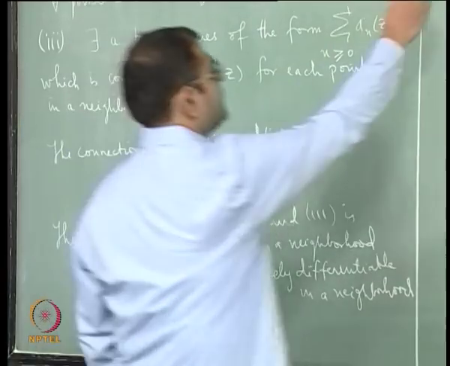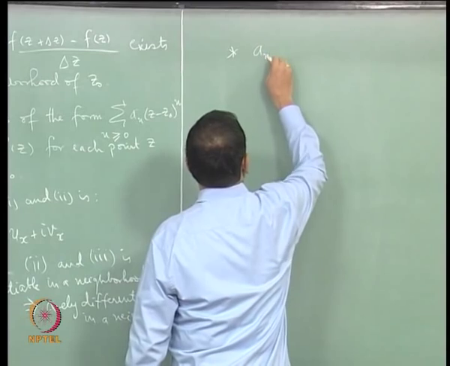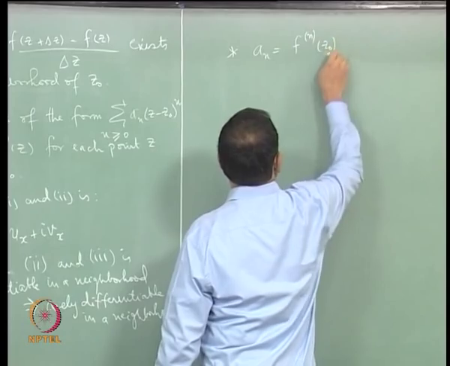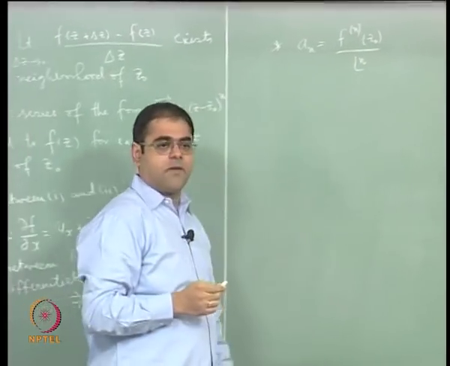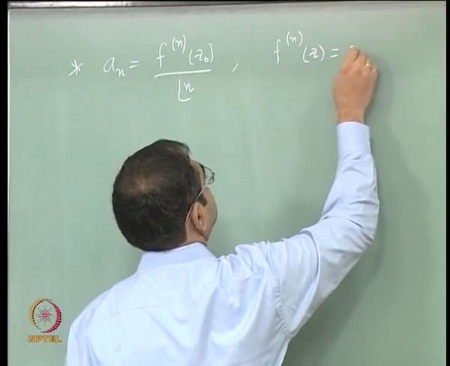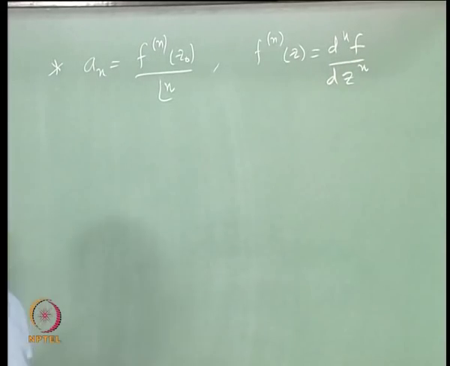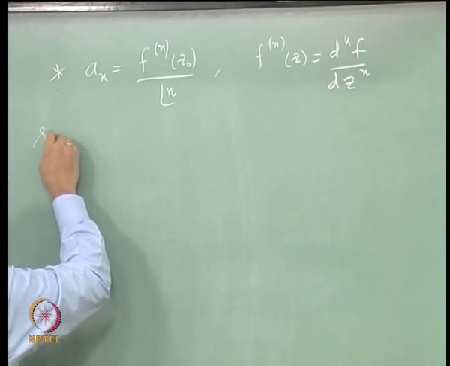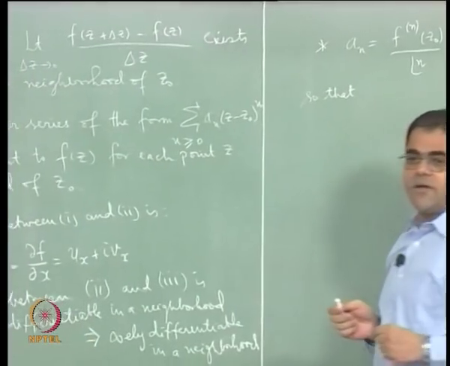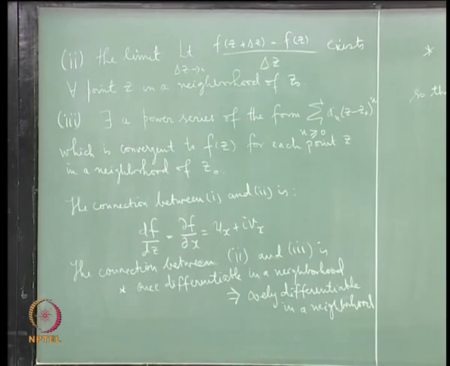And then the next thing is that ANs are actually given by the nth derivative of f at z0 divided by factorial n, okay, where the nth derivative of f is just differentiating f n times with respect to z, so that this power series which converges to f is nothing but the Taylor expansion of the function f around the point z0, okay.